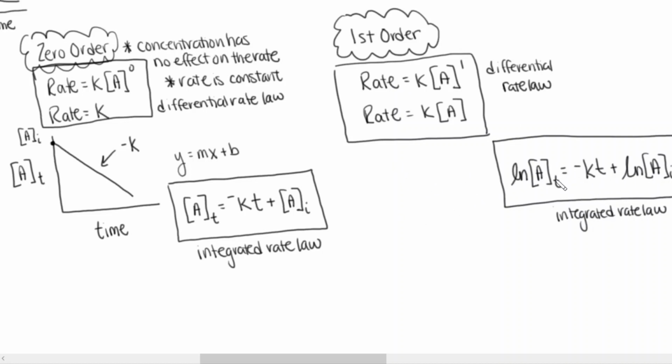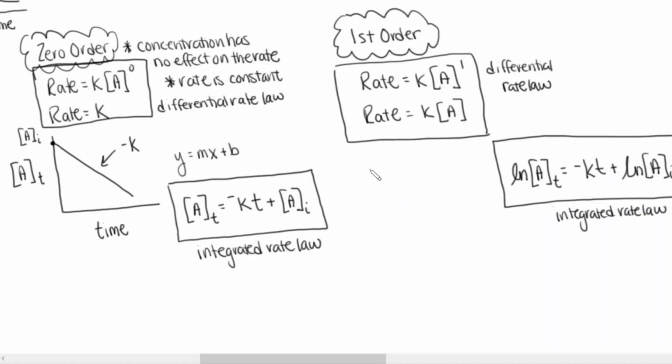So what this is telling me, do you guys see here, just like this equation was y equals mx plus b, this equation is also written in that same format, y equals mx plus b.